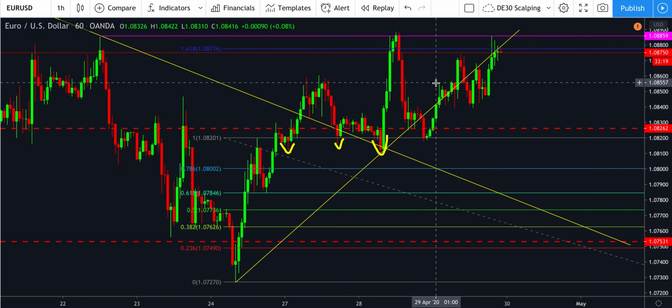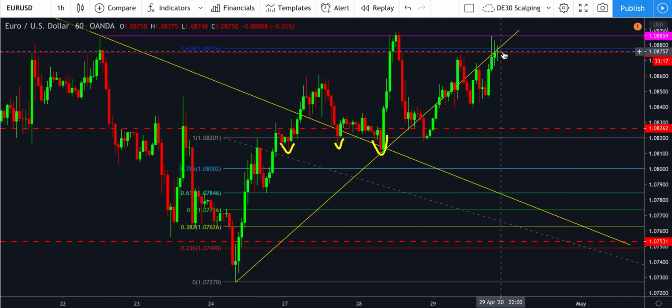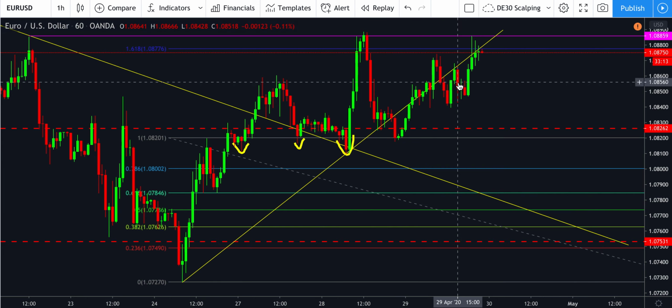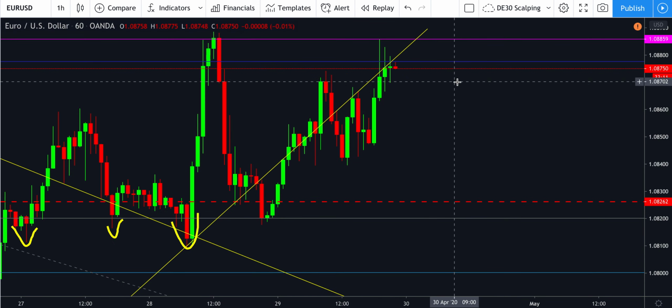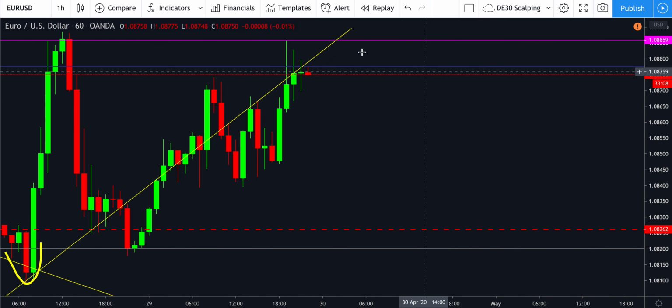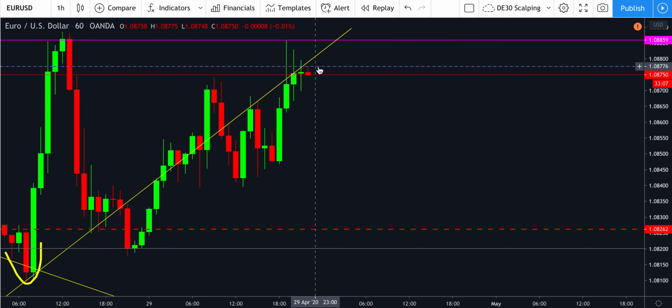Okay, so right now we are at the trend line, as you see. We have two levels that are very important: the trend line, and the 1.618 level. Price seems to stay below the trend line.